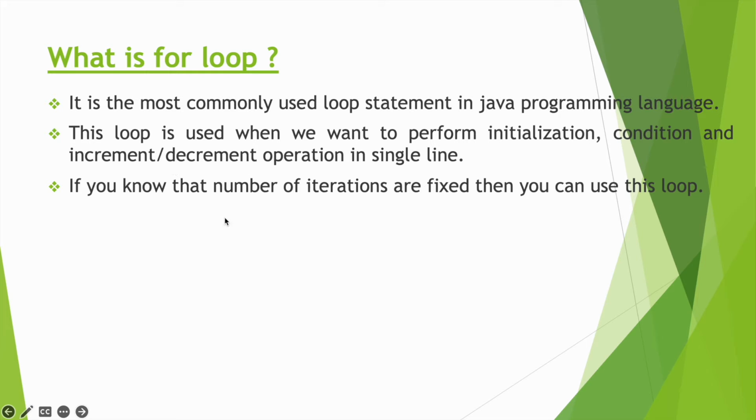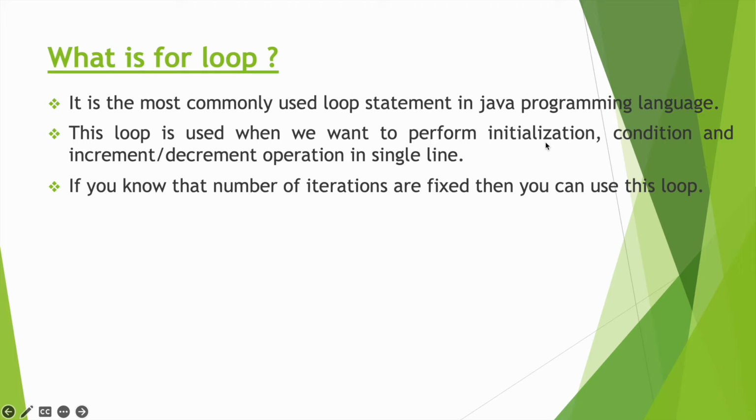And the third point is, if you know that the number of iterations is fixed, then you can use this loop. So in prior, if you know the number of iterations, then it is recommended to use for loop. Okay, so this is the definition.